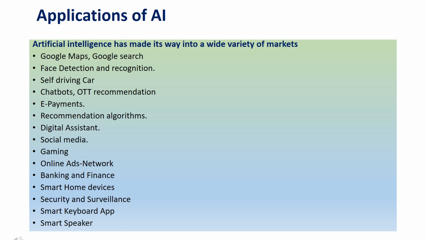Then we have OTT recommendation. OTT recommendations में क्या है कि बहुत हमारे जो OTT साइट्स हैं वो क्या कर रहे हैं, हर यूजर्स के लिए रिकमेंडेशन होता है as per their taste, like they like action movies, they like thriller movies, they like anime, comedy movies.